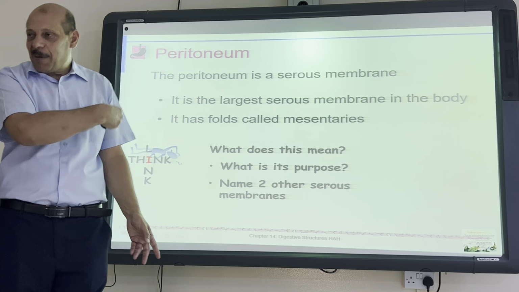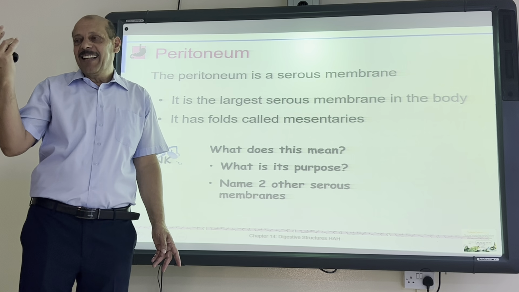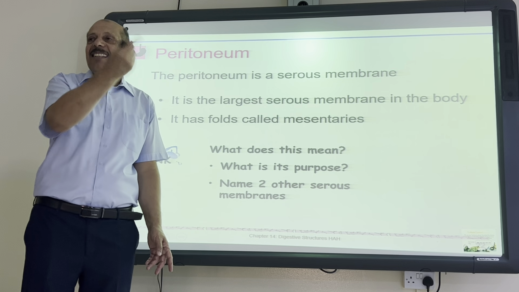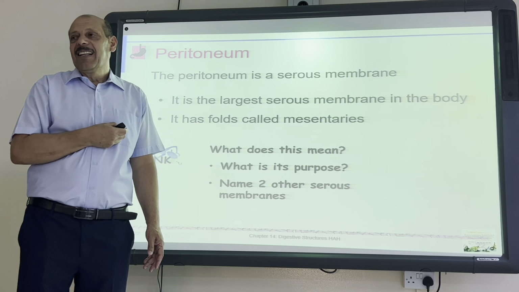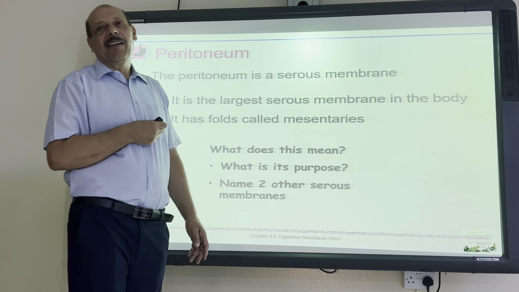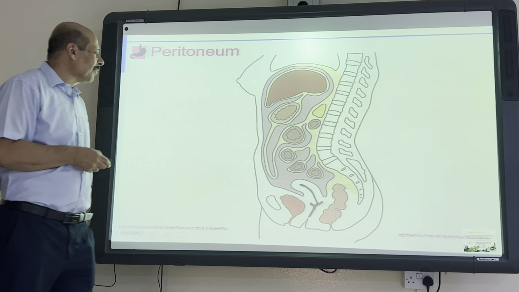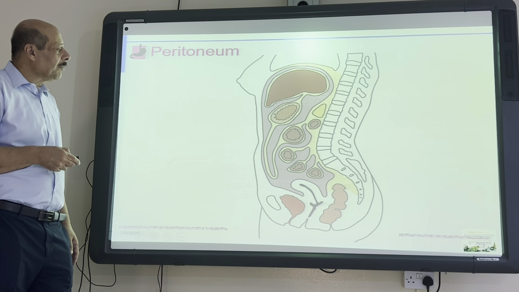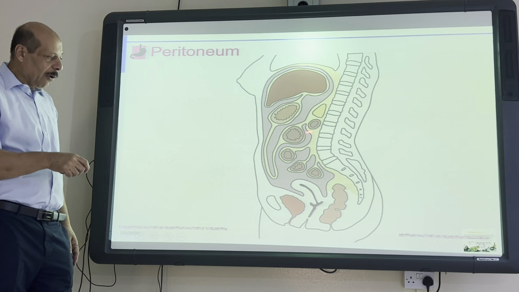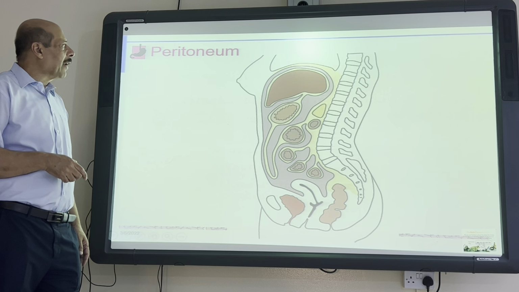Blood vessels are passing through it, arteries, veins, and nerves are coming through the mesentery. Okay? So the peritoneum is covering or going around the abdominal organs.